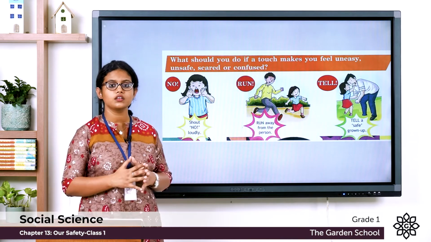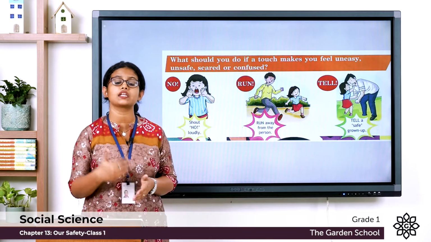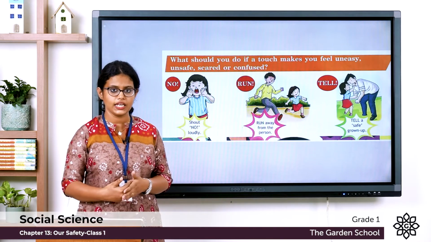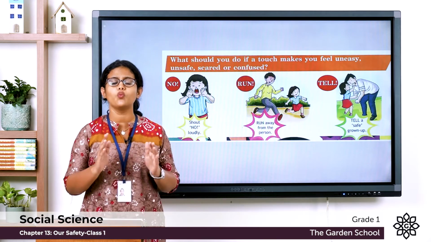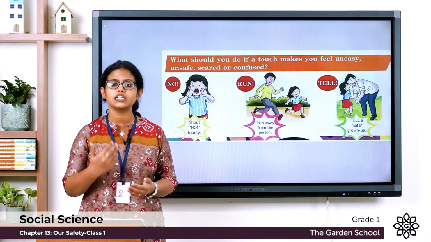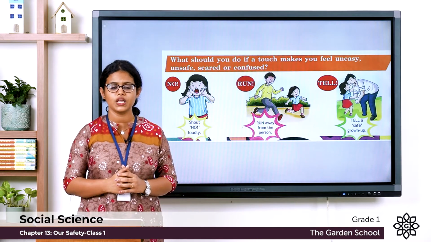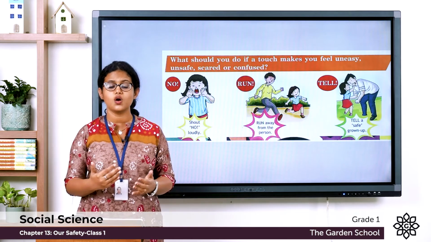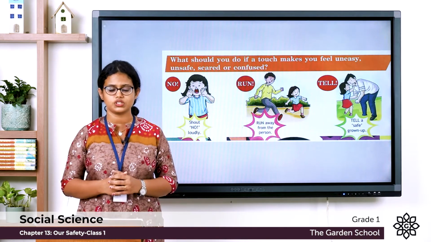The second thing is to run away from that person. Then you have to tell a person whom you trust the most, it can be your parents or your teachers. This is what you should do. I hope you all understood what safe touch and unsafe touch are.